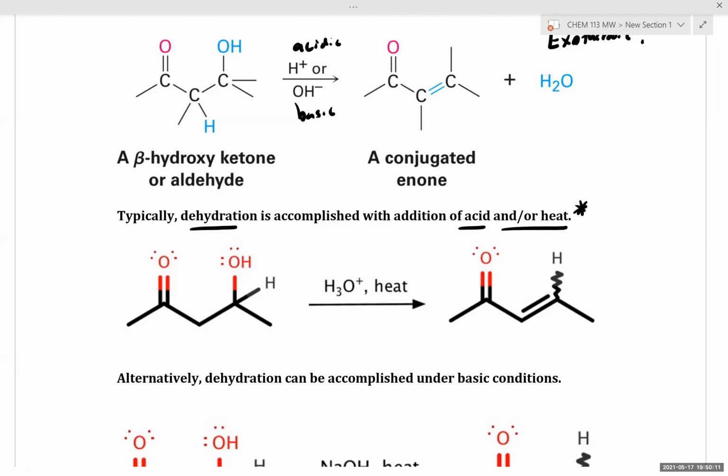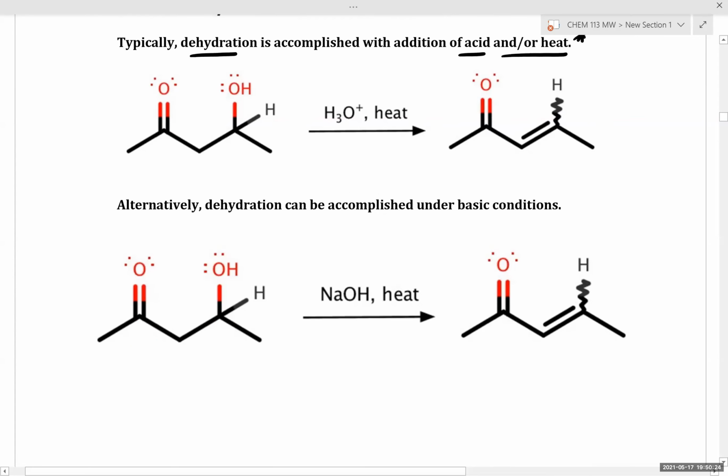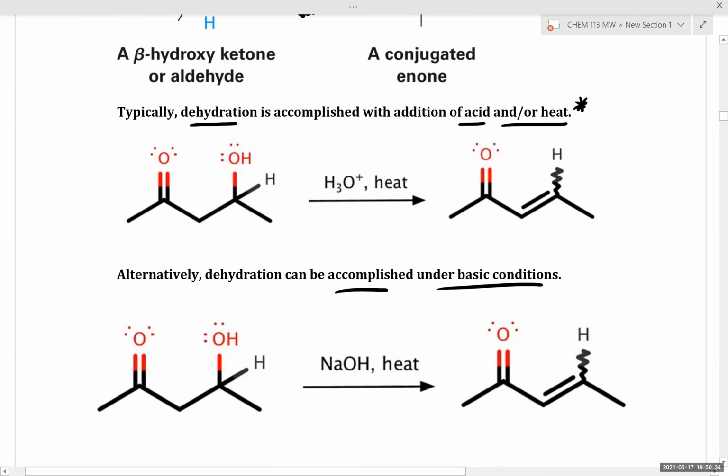So the most common way you dehydrate these beta hydroxyketones or aldehydes is under acidic conditions with a little bit of heat. Alternatively, the dehydrations can be accomplished under basic conditions, especially if your substrate's activated. Does this idea of dehydration of beta hydroxyketones to prepare enones and to drive this aldol equilibrium towards the desired product make sense to everyone?